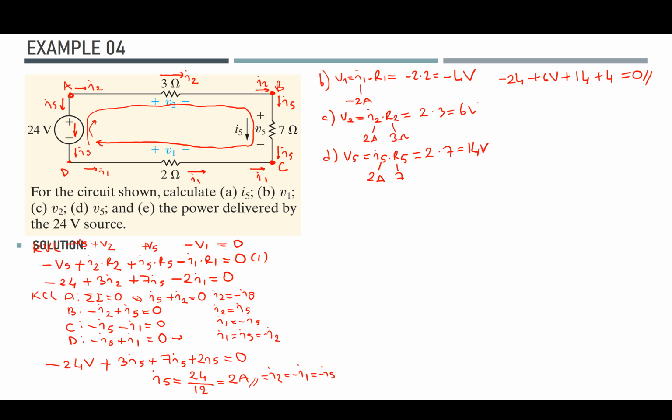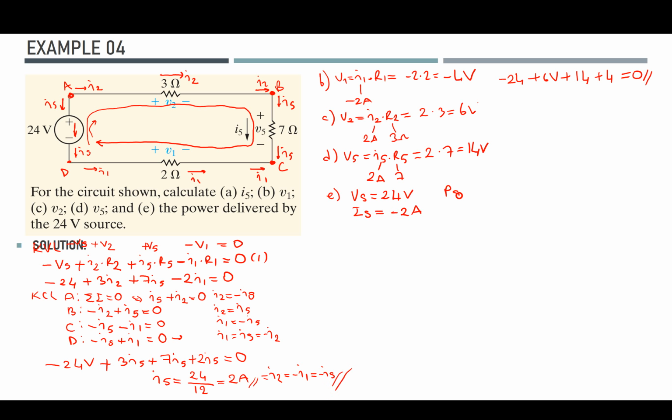And in part E, the power delivered by the 24 volt source, here V source is given as 24 volts, and Is is calculated as minus 2 amps, as you can see from this result.